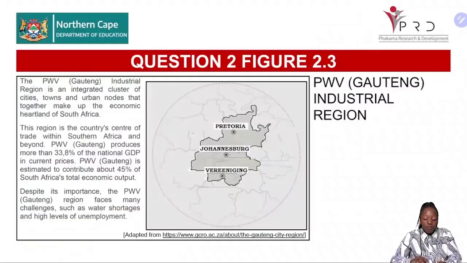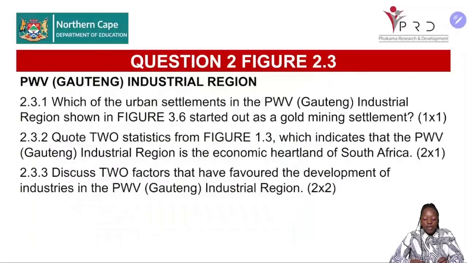The PWV Gauteng is estimated to contribute about 45% of South Africa's total economic output. Despite its importance, the PWV Gauteng region faces many challenges such as water shortages and a high level of unemployment. So let us see what questions we have.